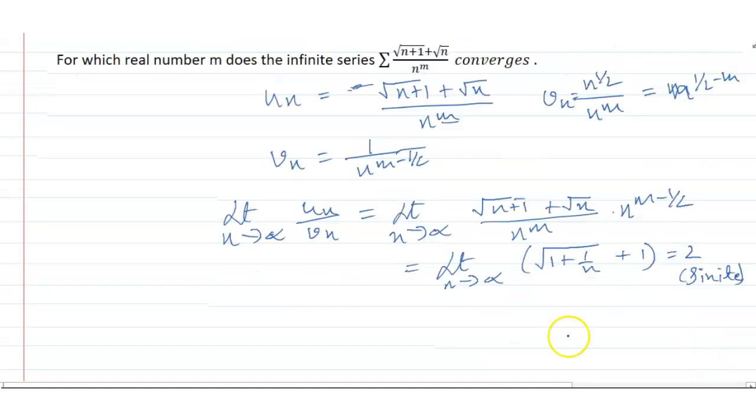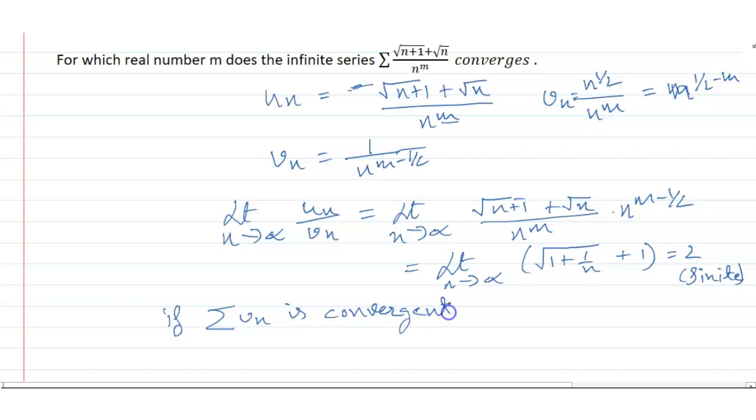And for the convergent series, if the summation Vn is convergent, that implies summation Un is convergent.